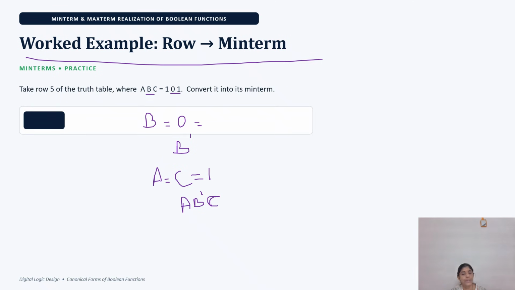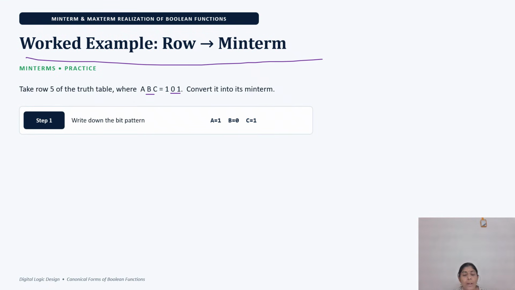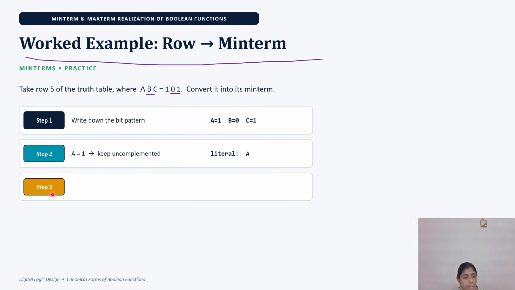Right? So what is your step number 1? I hope till here it is clear for you. Right? Okay. So check your step number 1. Step number 1, write down the bit pattern. What is your bit pattern? A is equal to 1, B is equal to 0 and C is equal to 1. What is your step number 2? A is equal to 1 means uncomplemented. So the literal is A. Step number 3, B is equal to 0.